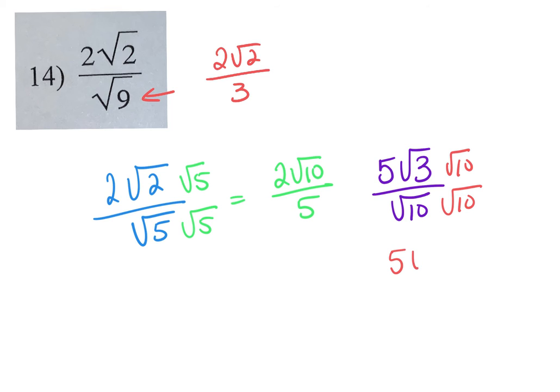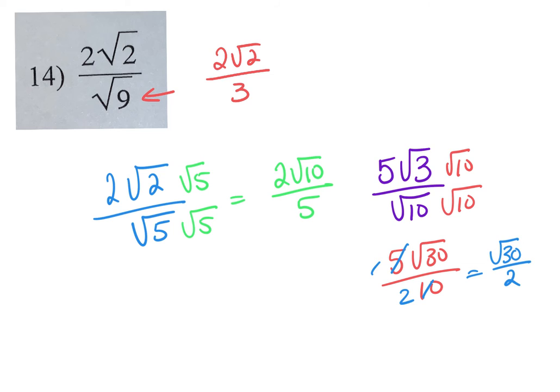So I have 5 square root of 30 over 10. What can I do? The 5 and the 10 can be reduced. So I can reduce here. They're both outside. I end up with square root of 30 over 2. Square root of 30 doesn't have anything that can come out. 2, 3, and 5, right? That is as simple as it can be. 2 is in the denominator. It is not a radical. We're done with that one.